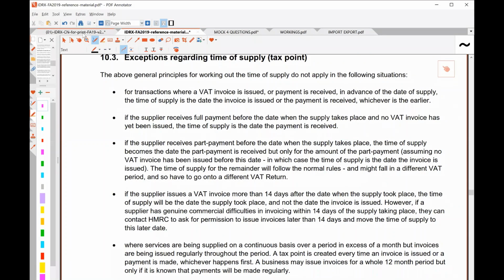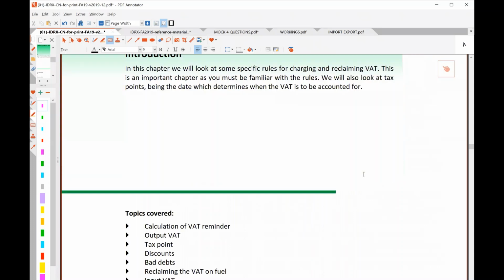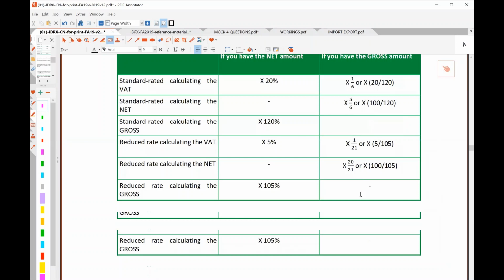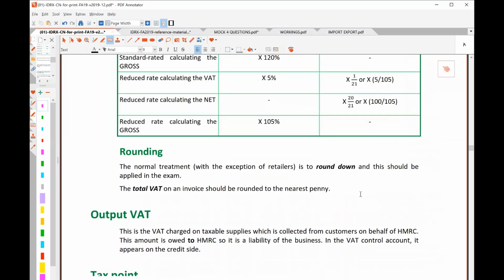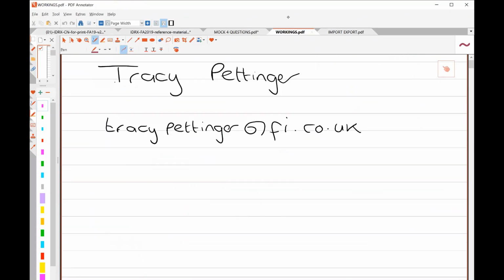Whereas if I look at our notes, for you guys that are FI students, if I look at page 55, yeah, 55. When we talk about tax points, basically something happens and you're trying to decide what period you should put a particular invoice in on the VAT return. Let's say we're doing our VAT returns quarterly.